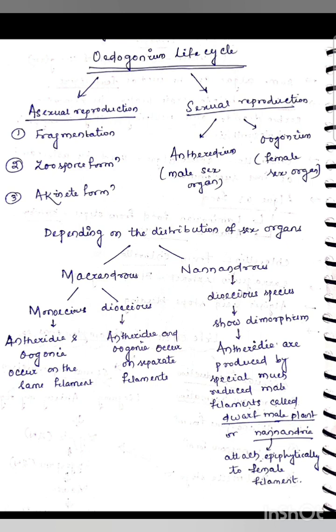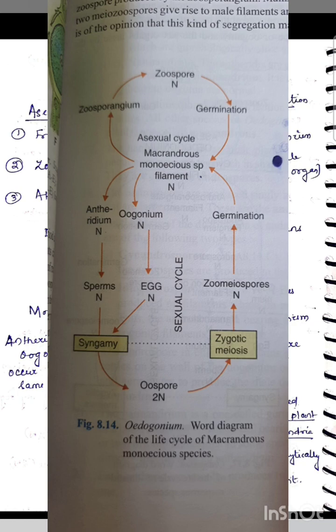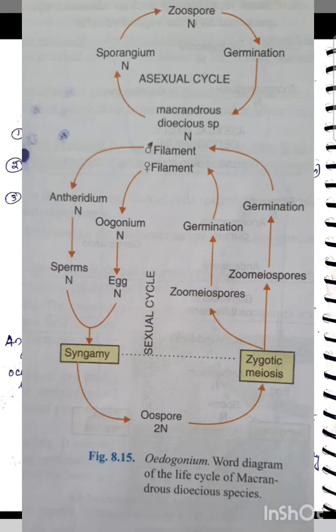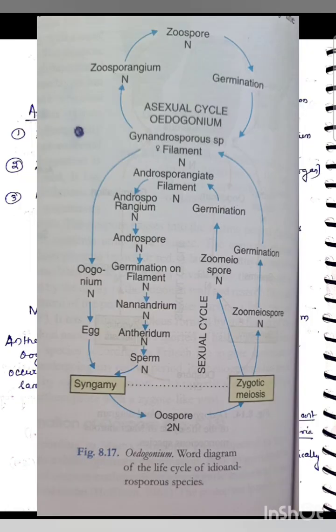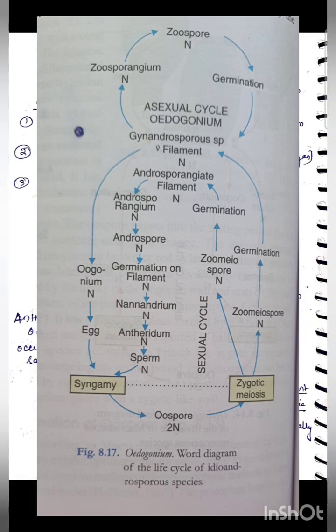It has some specific characteristic features. The life cycle of macrandrous monoecious species, then macrandrous dioecious species, then life cycle of gynandrosporous nannandrous species, then life cycle of idioandrosporous species.